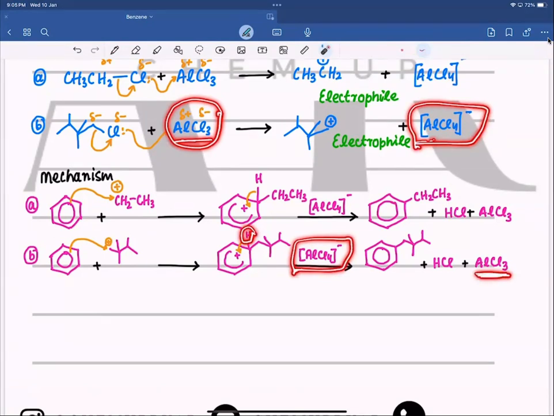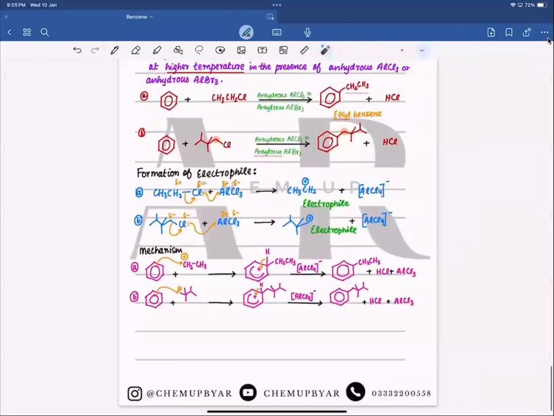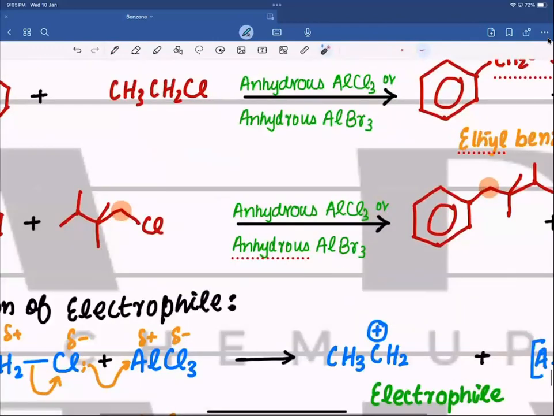So AlCl3, anhydrous AlCl3, is the catalyst. See, in the equations we have mentioned these, not the negative ions, because they are formed as an intermediate, and then the catalyst is restored.